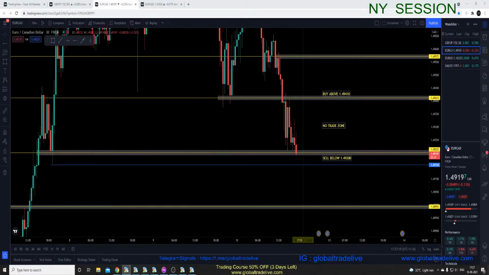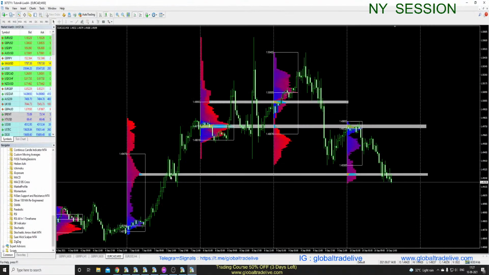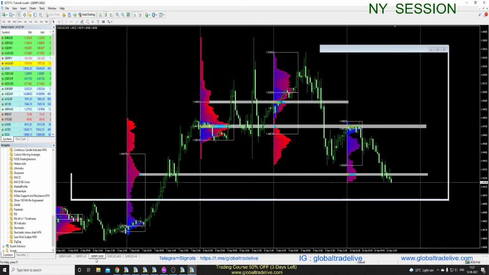So 2 more minutes we need to wait, and after that the picture will be getting more clear. Yeah, EuroCAD looks really pretty at this point.